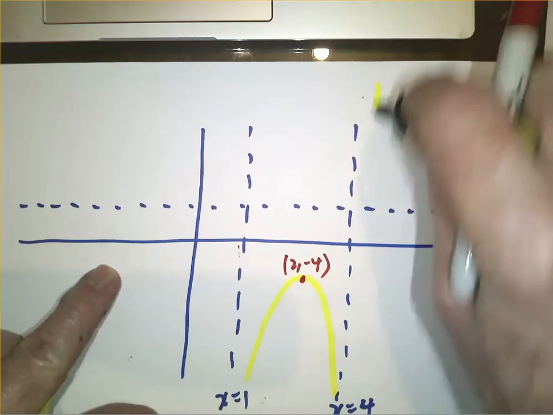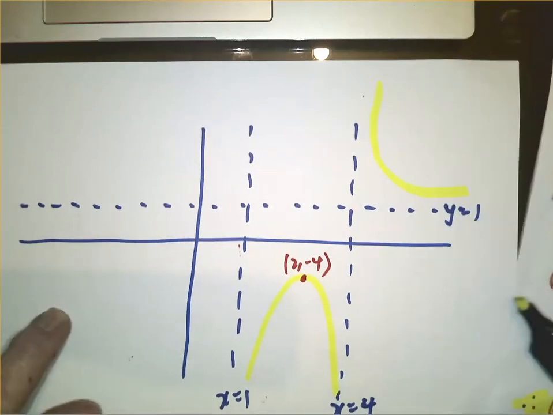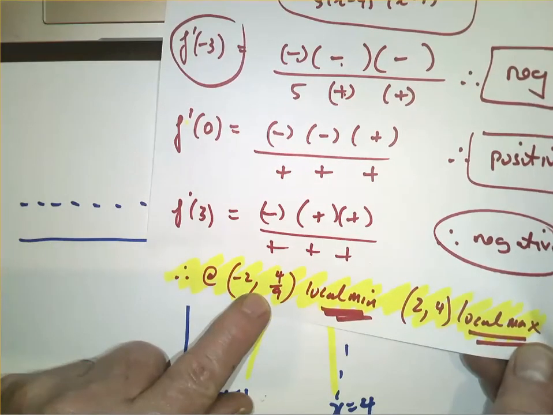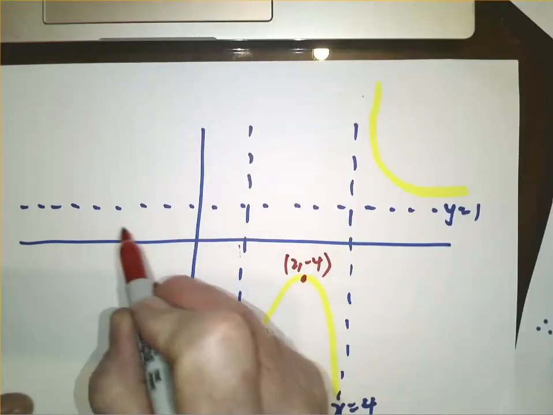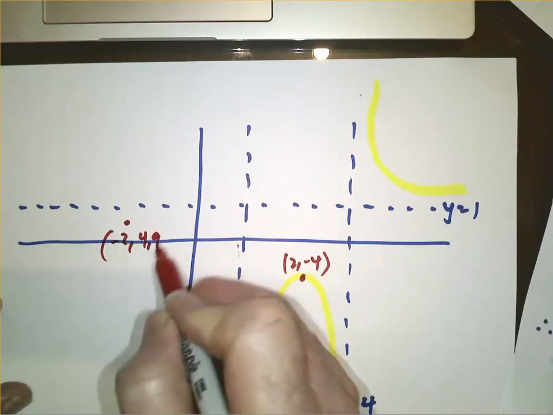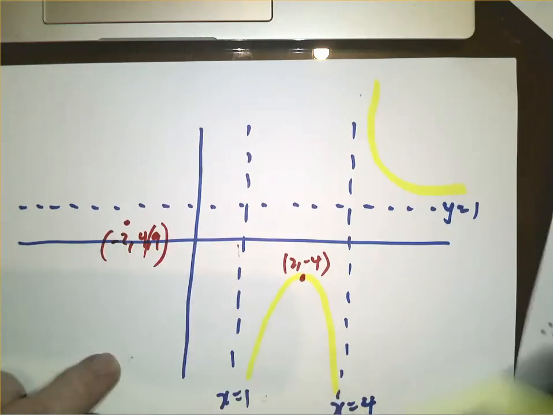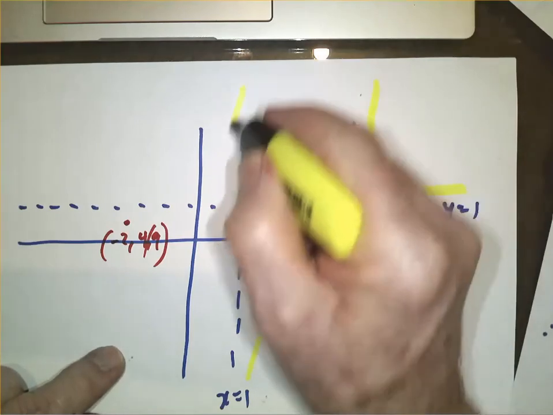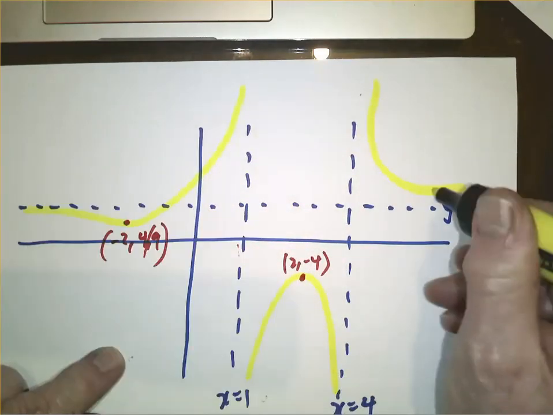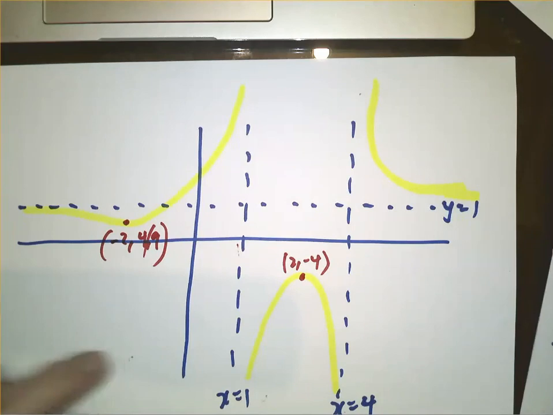It's going to be in there, and that I've got a turning point which is at -2 and 4/9. 4/9 will be around about there. So -2 and 4/9. And that graph is going to look like, and then be asymptotic towards that asymptote. And that's asymptotic towards that asymptote.